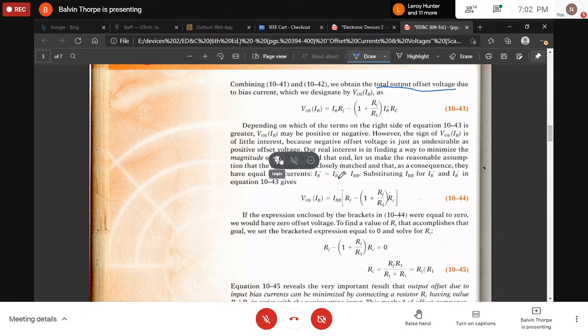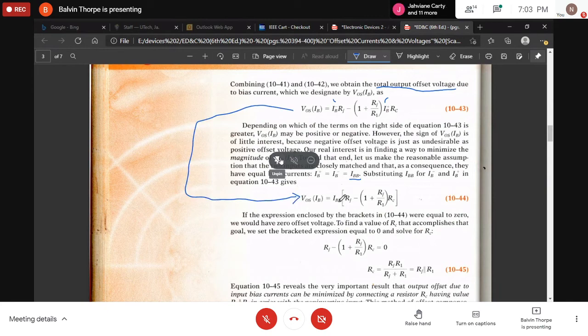If they are equal, let's call it IBB. So wherever IB plus and IB minus appear in this equation, we call it IBB. We put IBB here and here, because they are equal. That's the assumption, and that's what makes this equation become this equation.